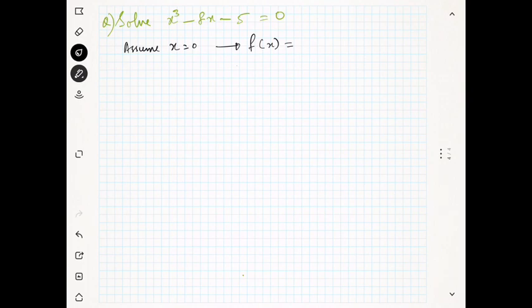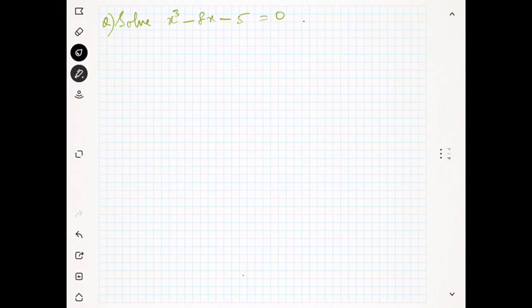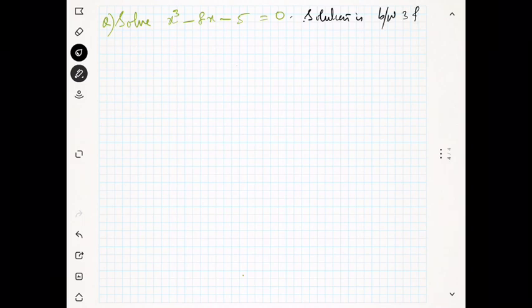We can take some values, so let us assume that it is given that the solution is between 3 and 3.5. If this is not given, what will you do?